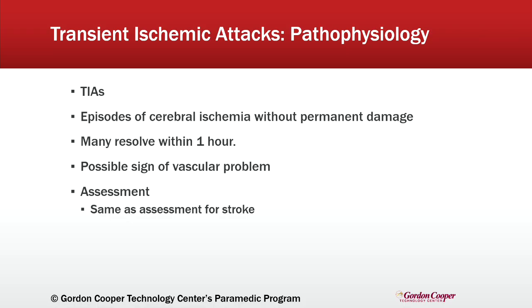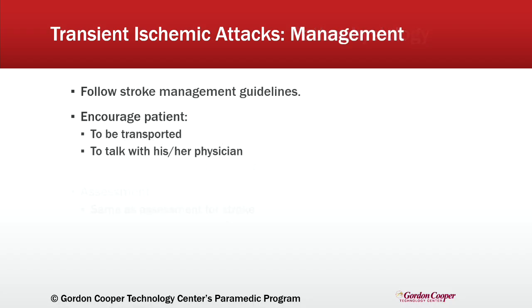This ensures that we won't miss any critical signs or symptoms. It's going to look like a stroke, and we're going to treat it like a stroke until those symptoms start to fade away. And then we know we're dealing with a TIA. When the symptoms start to fade, everything starts to get better. So always make sure that you adhere to the stroke management guidelines.